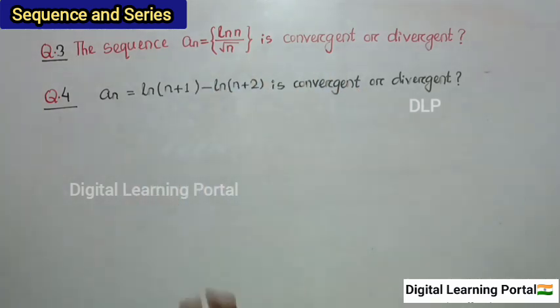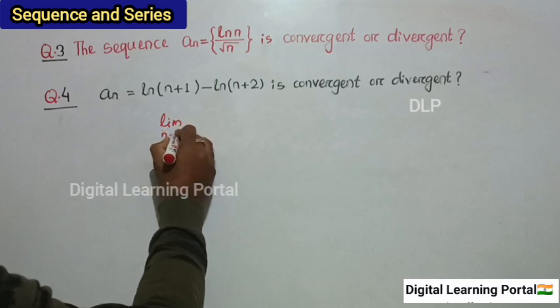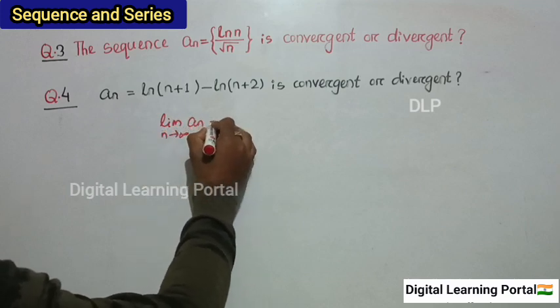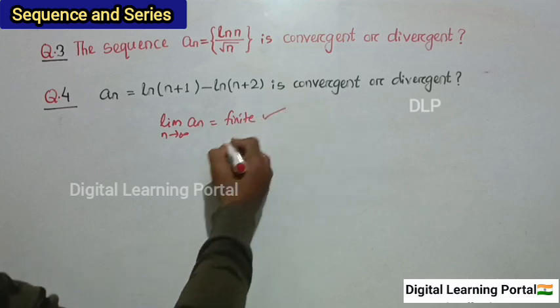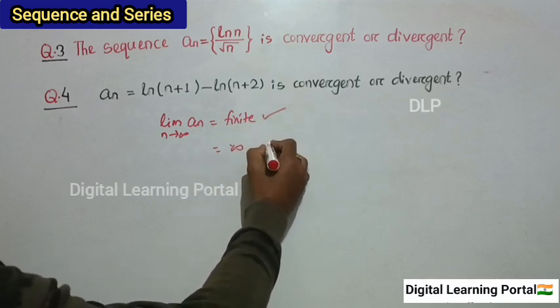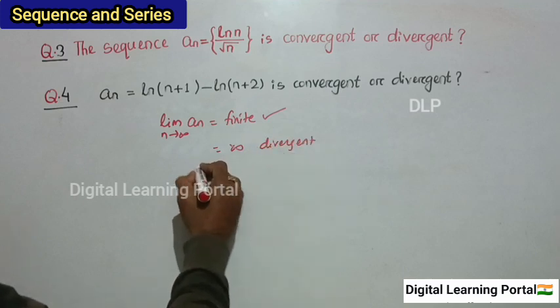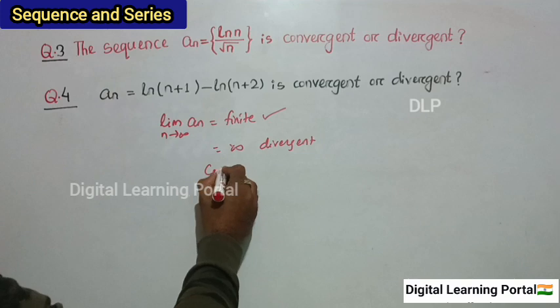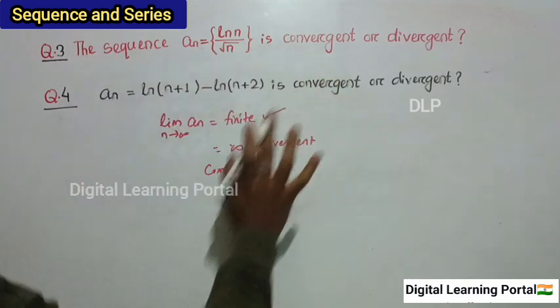You can check by using the limiting value of the general term. If it is finite, it is convergent. If it is equal to infinity, it is divergent. Please do comment in the comment section whether questions 3 and 4 are convergent or divergent.